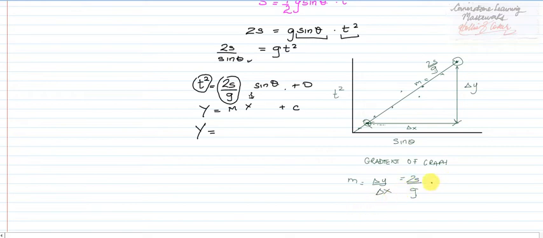If you want g, then g will be equal to 2s all over the gradient of your graph.